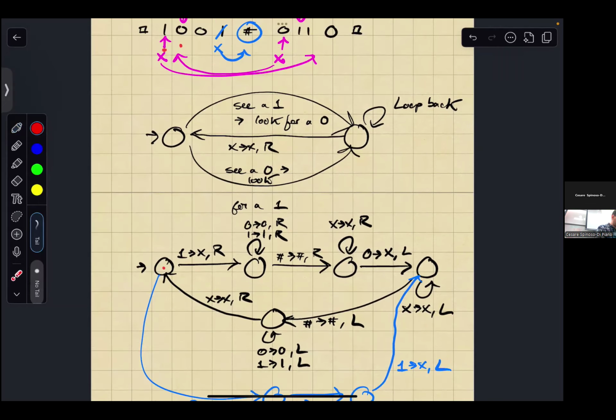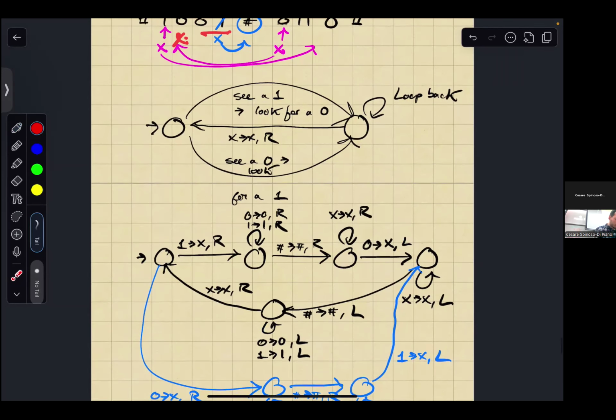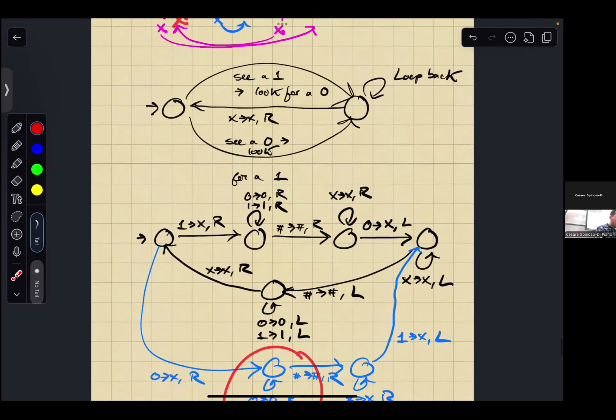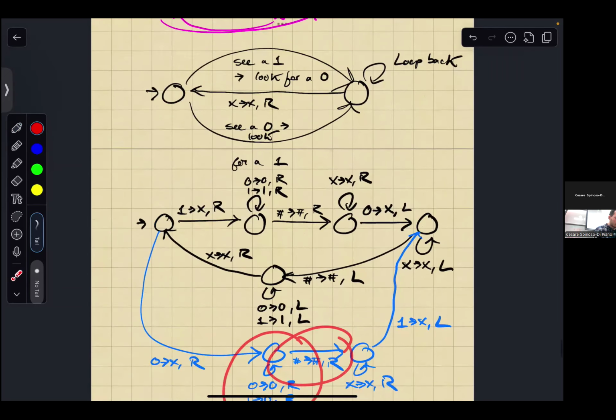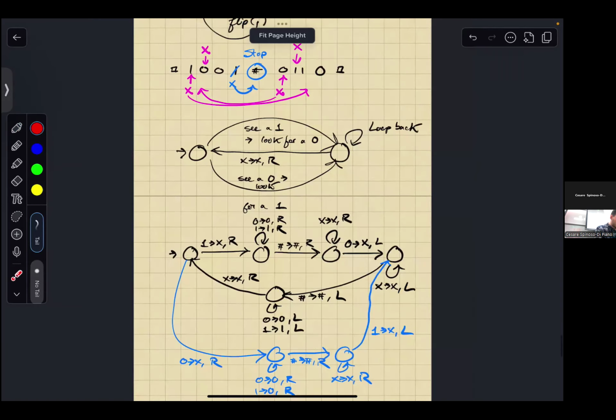From here, I marked this with an X. Then I went through the zeros and ones with this state, I went through the hash with this state, and I went through the already marked X's here, looking for the first thing that's unmarked. It happens to be, I'm very lucky, a 1.